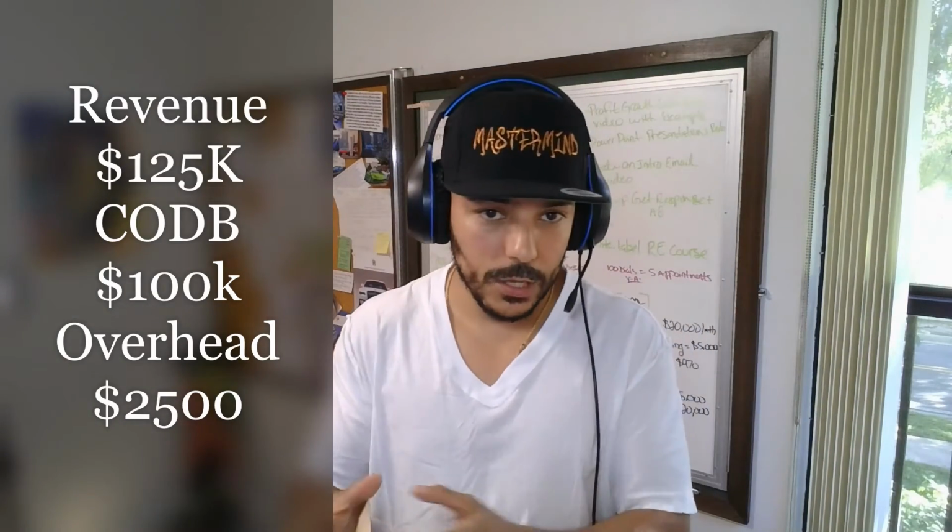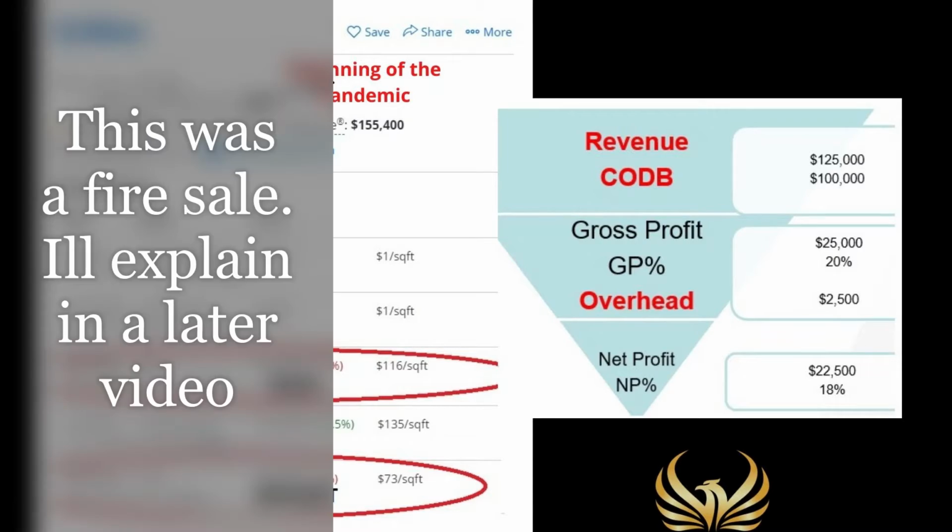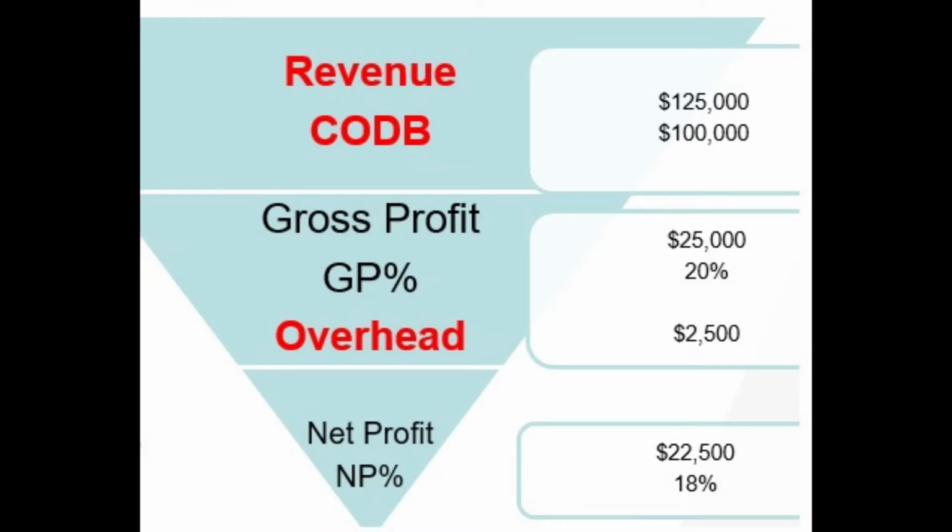That was the cost of doing business. We were into this thing for $100,000. And then you'll notice for the overhead, there's only $2,500. We kept that slot strictly for our hard money lender, and that was the total. So we figured out those 3, and then from there we figured out the other 4.